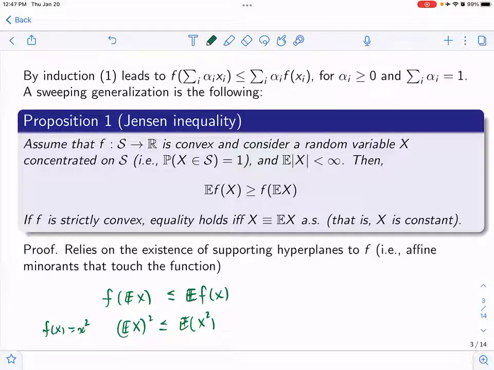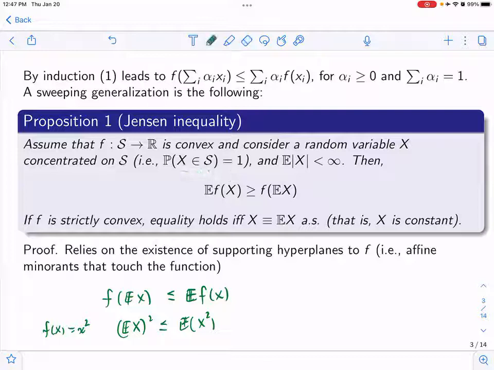There are some niceties here. f needs to be convex on basically the support of the random variable x. So f is convex on S, and x takes values in S with probability 1. It could be that the random variable is concentrated on some part of the space, and f is convex on that part, but not convex everywhere. This is still true, so this is useful to remember.